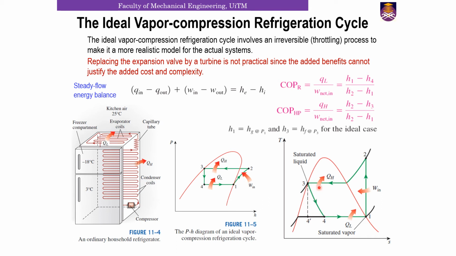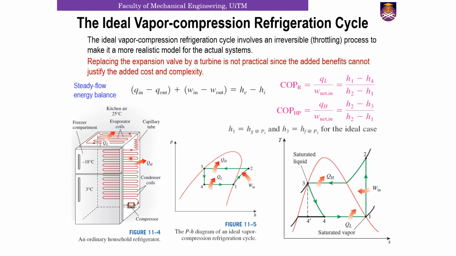Now this added cooling capacity will definitely increase your COP, but having a turbine in a refrigerator instead of the expansion valve will increase your cost and complexity of the system. So replacing the expansion valve by a turbine is not practical, since the added benefits of this cooling capacity cannot justify the added cost and complexity. So as a result of that, we will not use a turbine here.